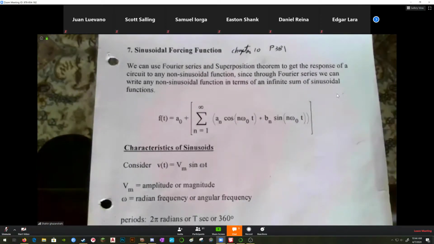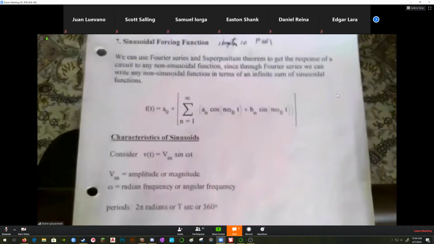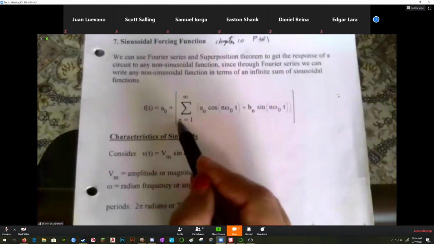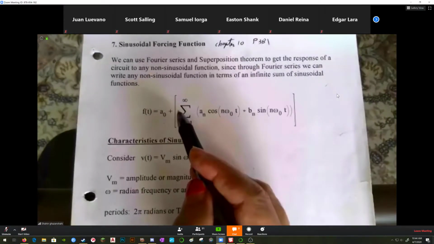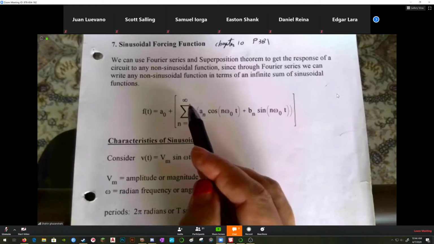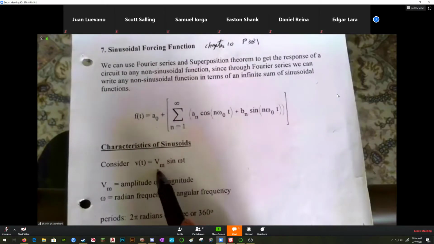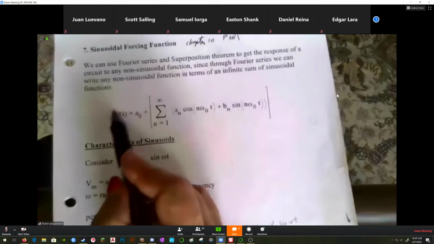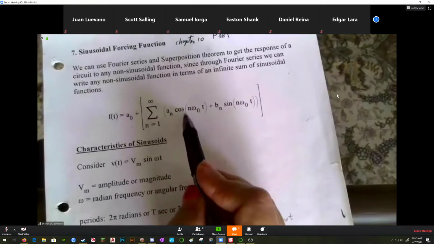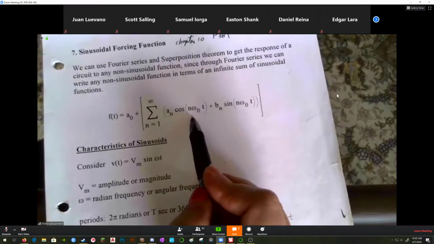Chapters 10 and 11 work with the sinusoidal signal, which is the cosine or sine function. If you have had the Fourier transform, fine, but don't worry if you don't, and don't worry about this equation. I'm just telling you the basics. If you know the response of the circuit for any sinusoidal function, like sine or cosine, then using the Fourier series from math, any other function can be expanded in terms of cosine and sine.